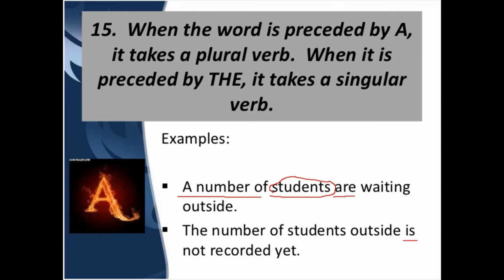Why? Because the plural noun students is preceded by "the number of." So when it is preceded by "the number of," the entire subject is considered singular. So that is for rule number 15.